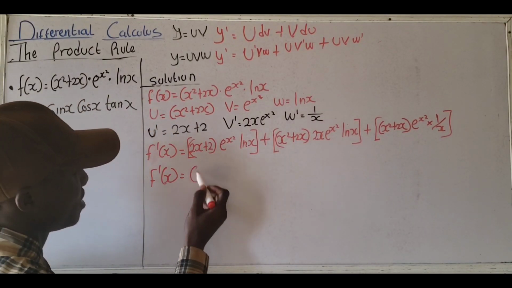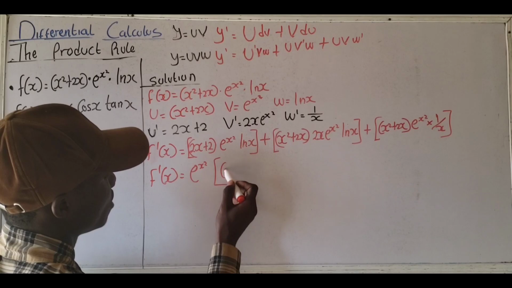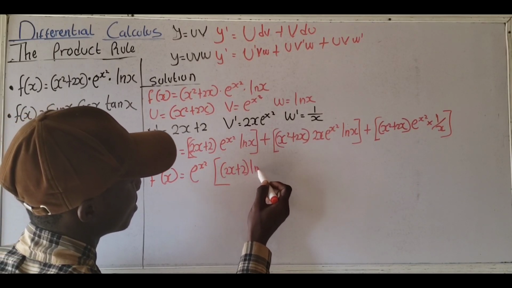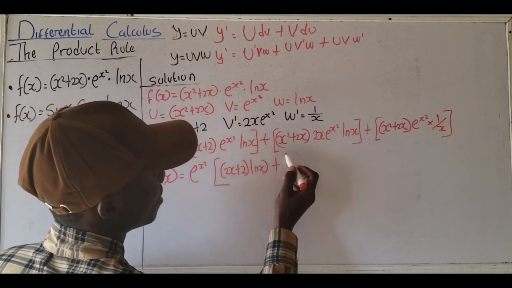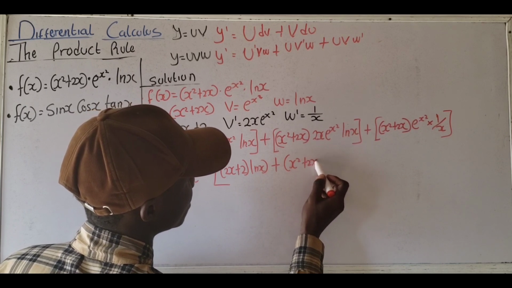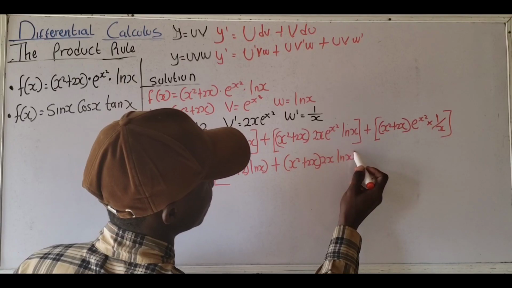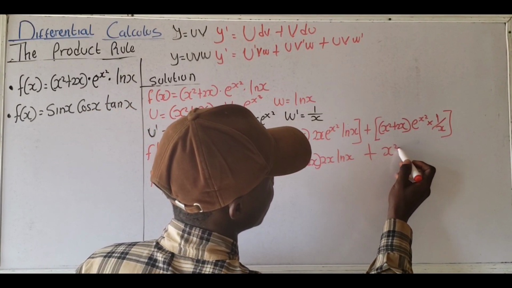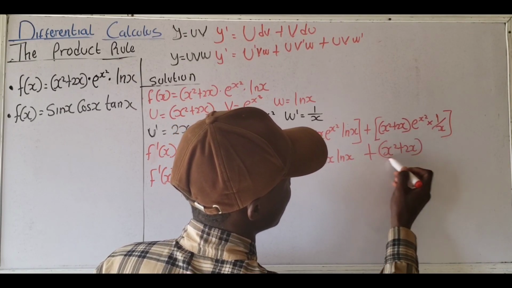So I'm going to have e to the x squared, open the big bracket, (2x plus 2) ln x, okay, plus (x squared plus 2x) multiplied by 2x ln x, plus (x squared plus 2x) multiplied by 1 over x.